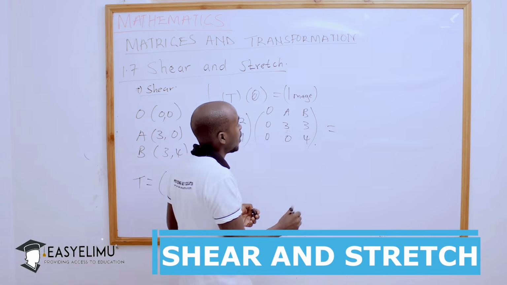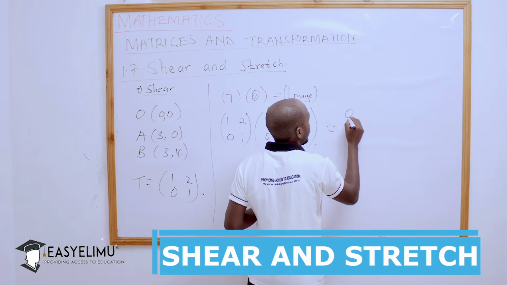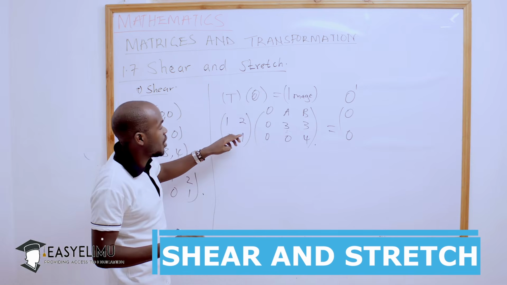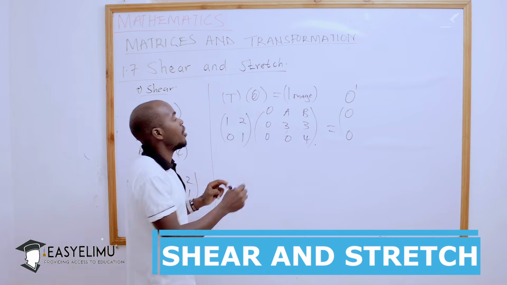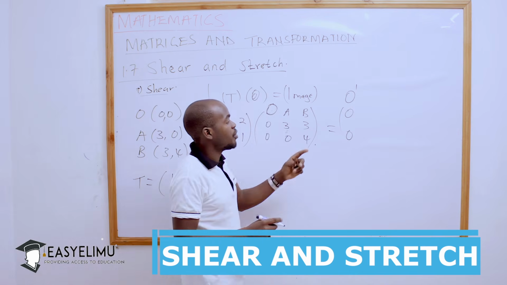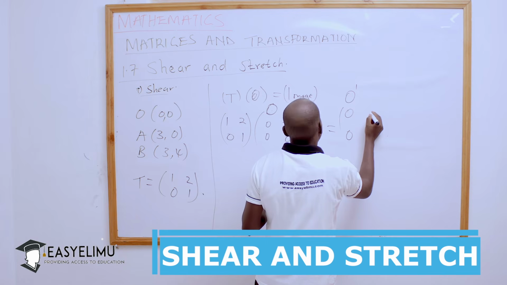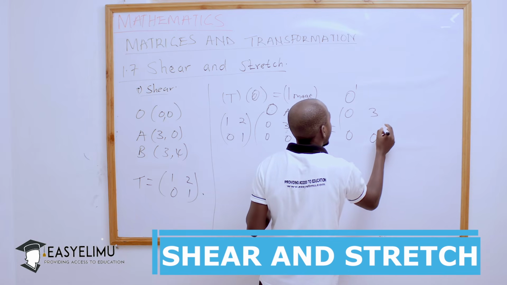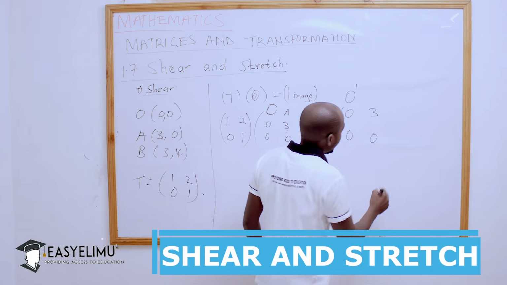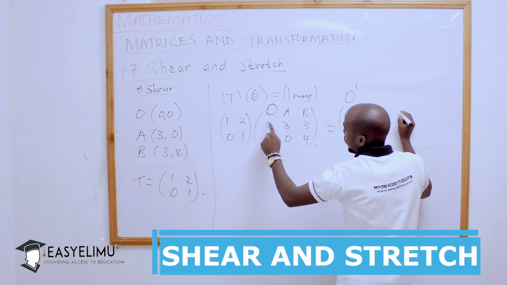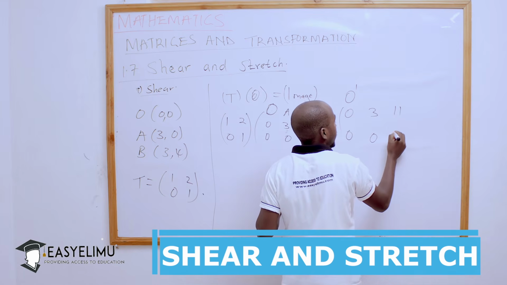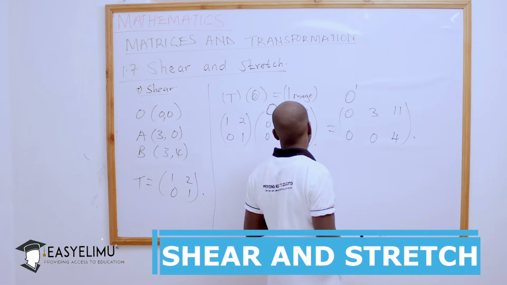For O prime, capital O, not to look like 0, you will have 0, 0. A prime will give you 3, 0. But the other one will vary, and if you multiply well, you will find B prime is 11, 4.